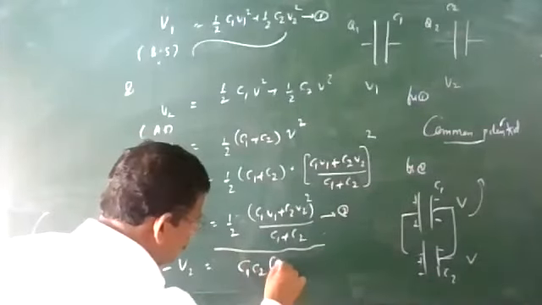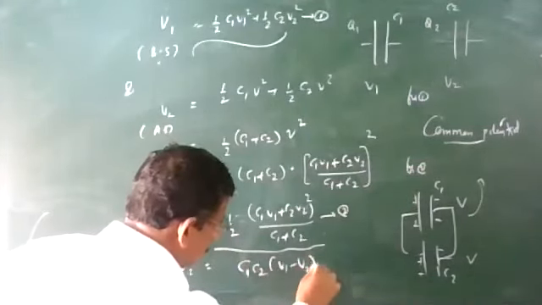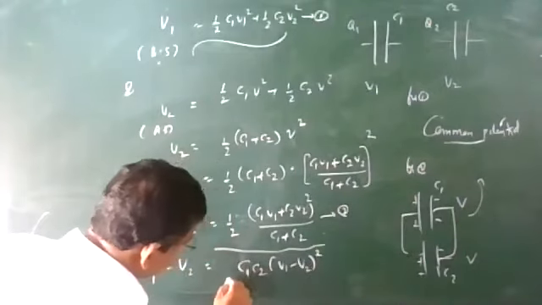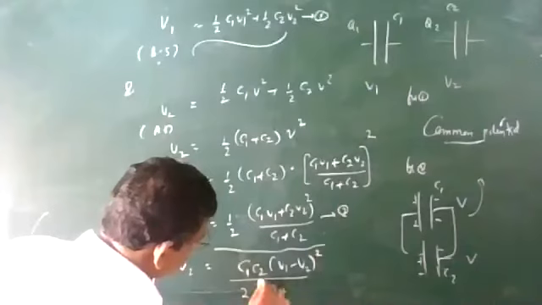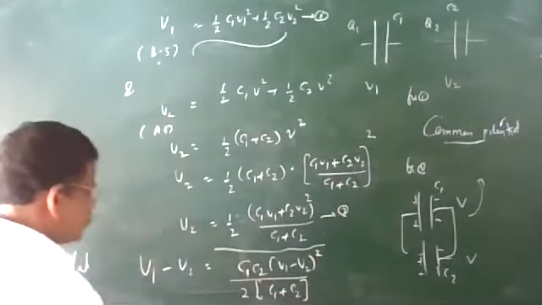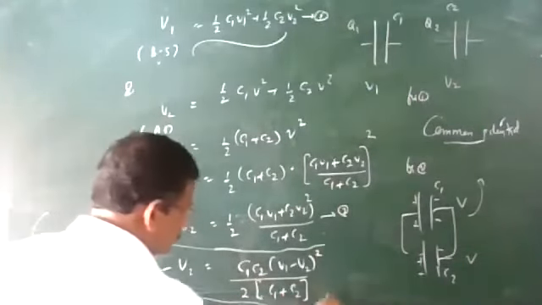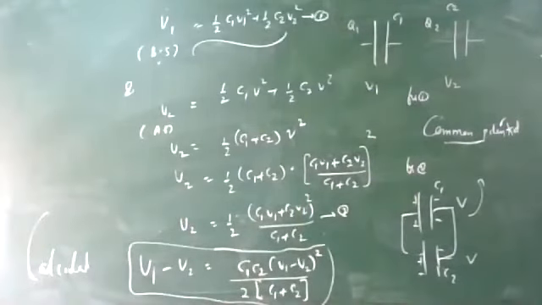C1 C2 into V1 minus V2 whole square divided by 2 into C1 plus C2 is the answer for this.